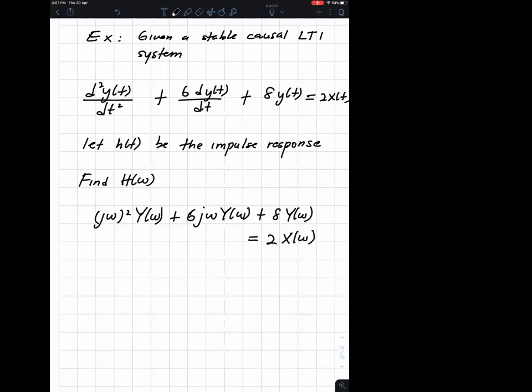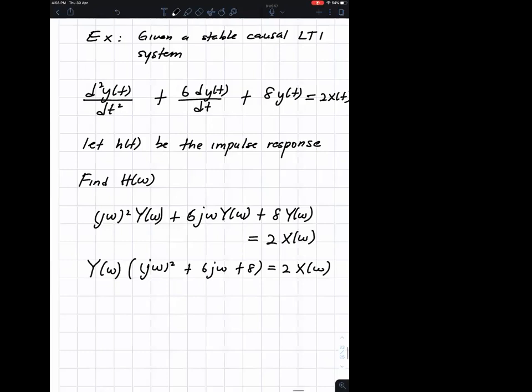Now we just factor out the Y omega. You get j omega squared plus 6j omega plus 8 equals 2 X omega.